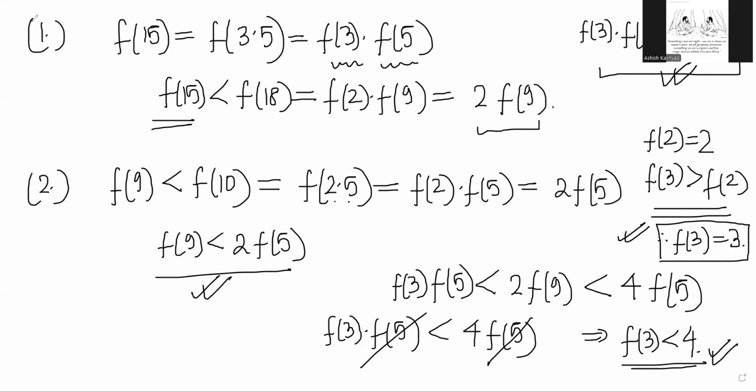Okay, let's go to the third problem. This is another variant of the previous problems. In this case, we are going to change the value of f of 2 and see whether it impacts our solution or not.